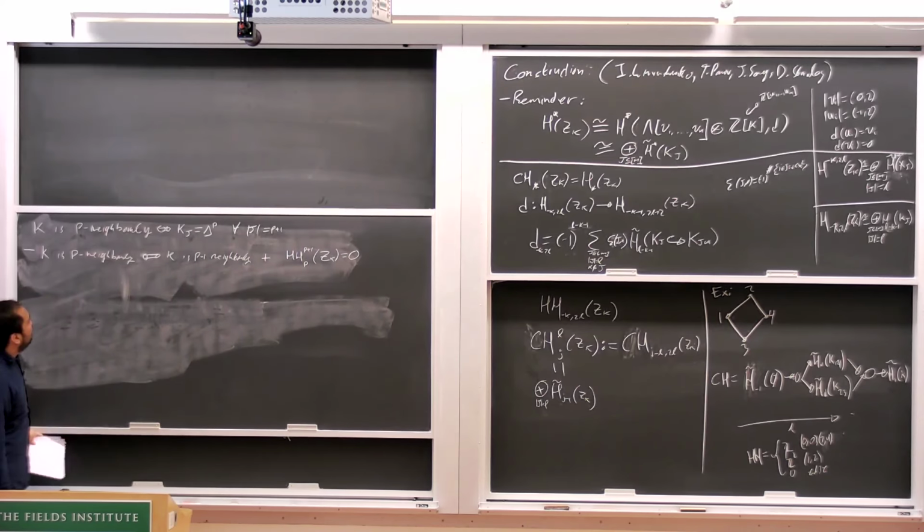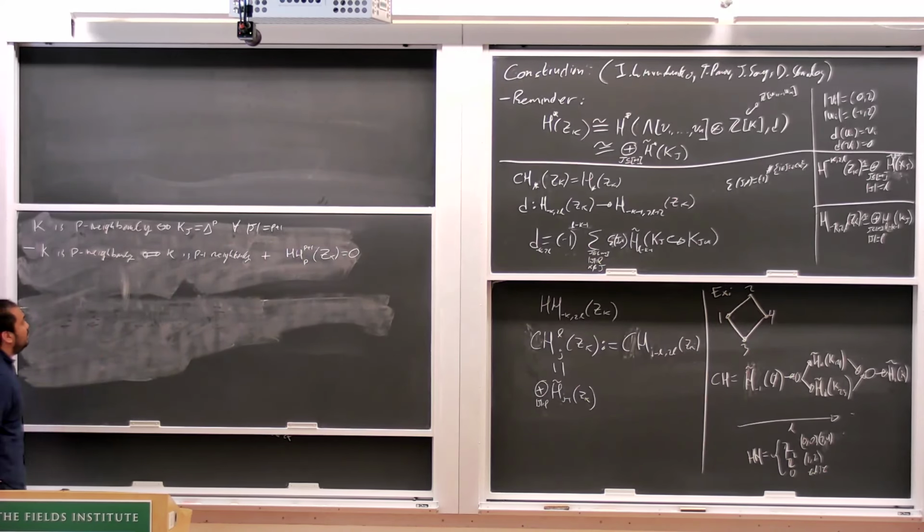I think this is very direct when you just look at the ordinary homology of set K, but it's not as clear when it's HH.